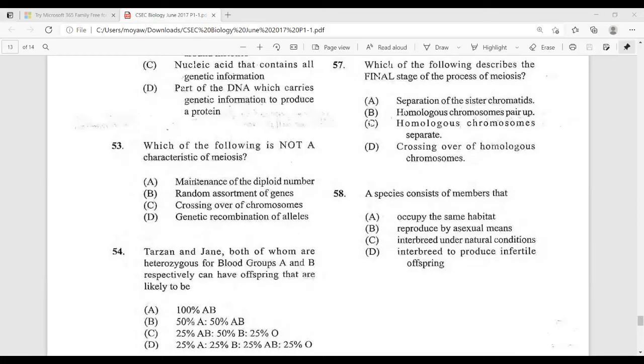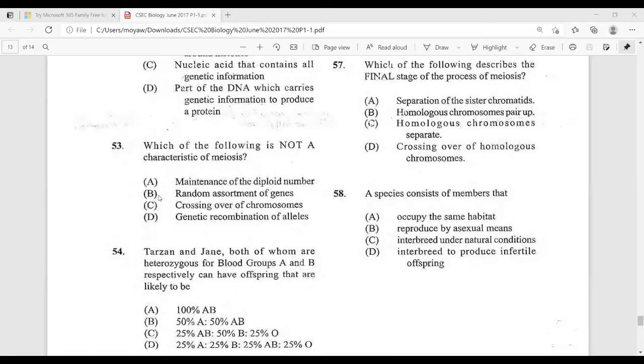So we have A, maintenance of the diploid number. B, random assortment of genes. C, crossing over of chromosomes. D, genetic recombination of alleles. So if we were to eliminate, one of the things that should stand out to you is C, the crossing over of chromosomes.